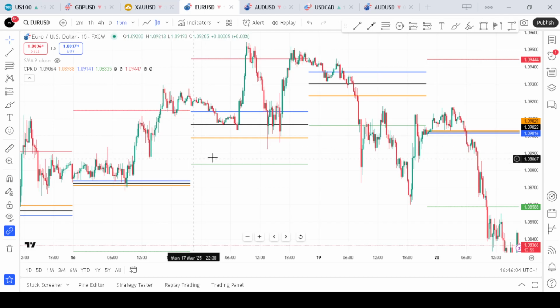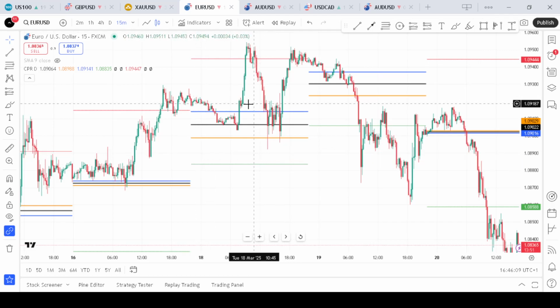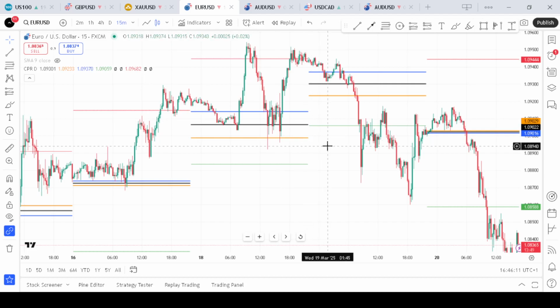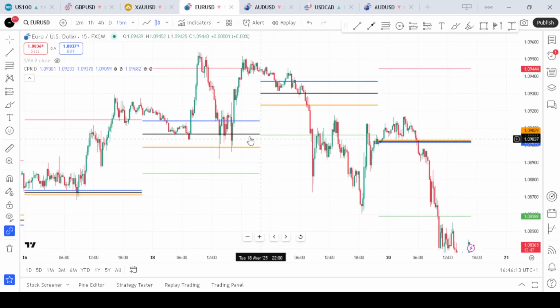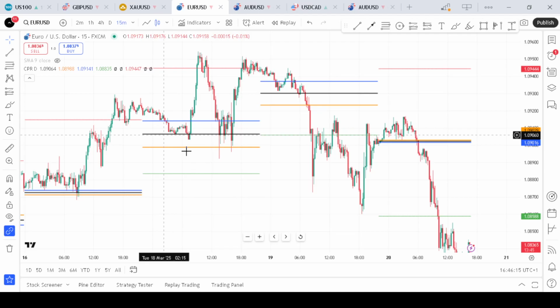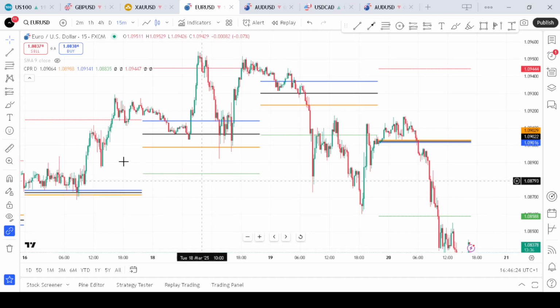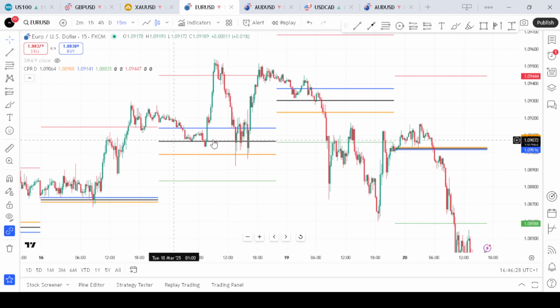We start by understanding what the central pivot range is, and this is a technical indicator that provides traders with a structured way to interpret the market sentiment and potential price movement. It consists of three key levels derived from previous trading sessions. The first key level is the pivot point, which is this black line you can see on your screen.